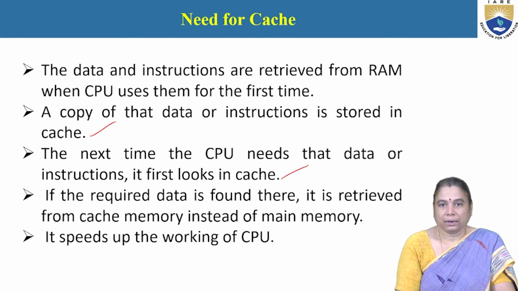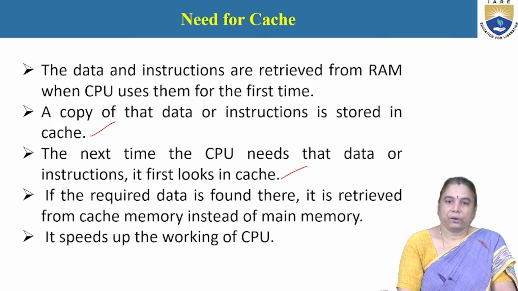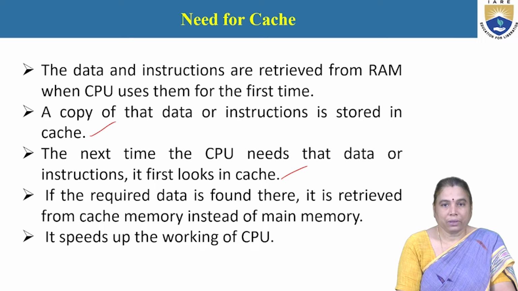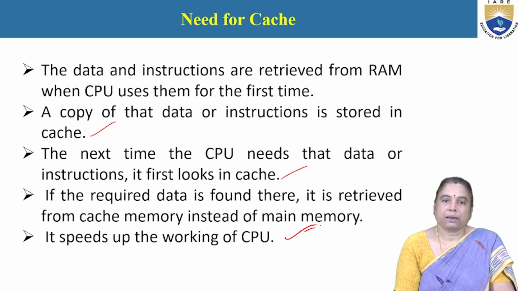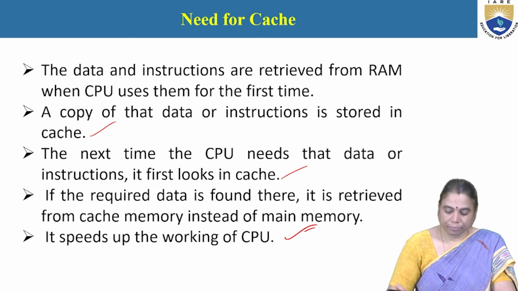If the required data is found there, it is retrieved from cache memory instead of the main memory. It speeds up the working of the CPU so that the instructions are readily available for execution.